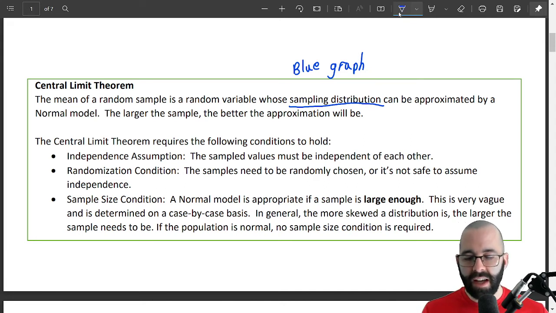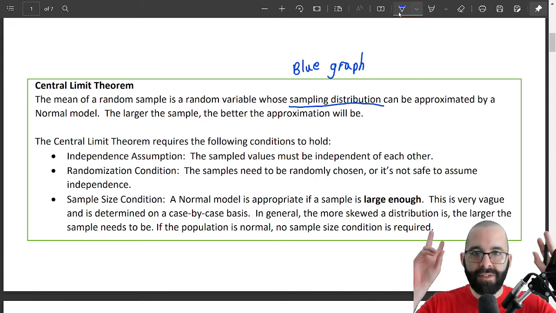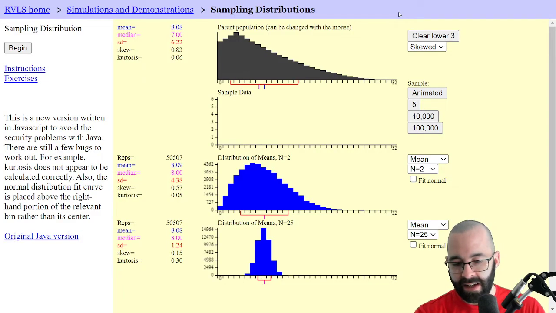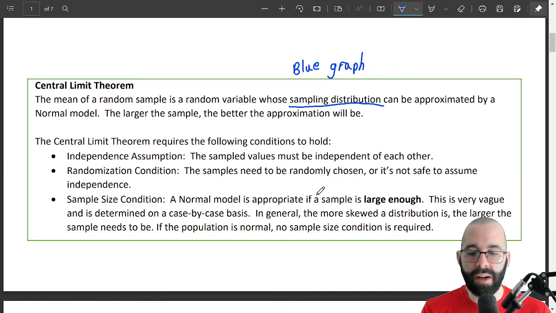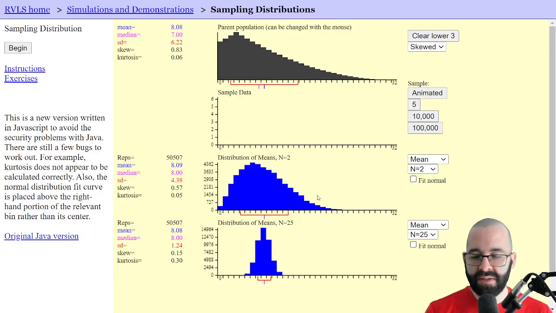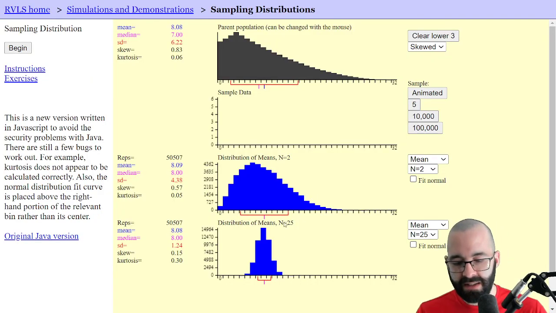This only works if n, again, here n was 2, here n was 25, is big enough. And it's kind of vague. It's case by case. If something is normal, we don't really need that requirement anymore. But if something's really skewed, then we do have that sample size requirement.